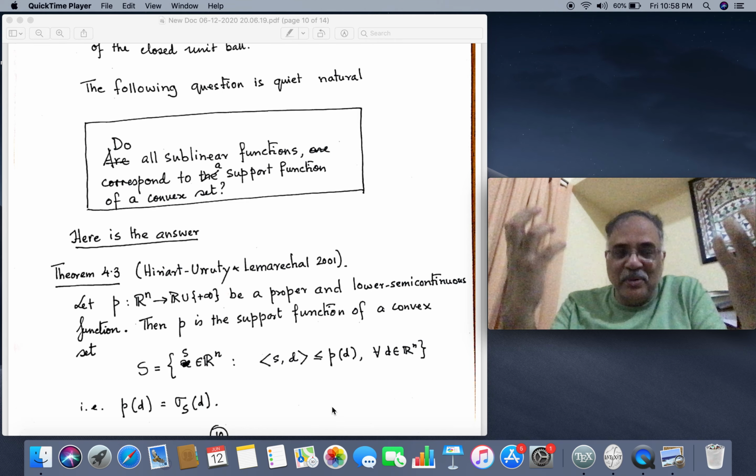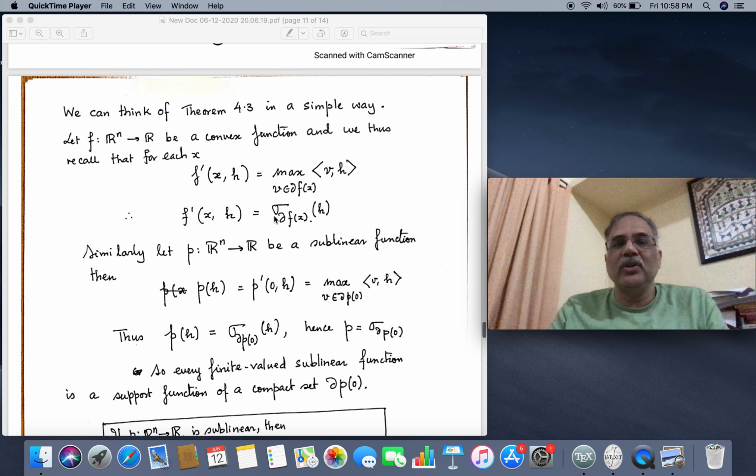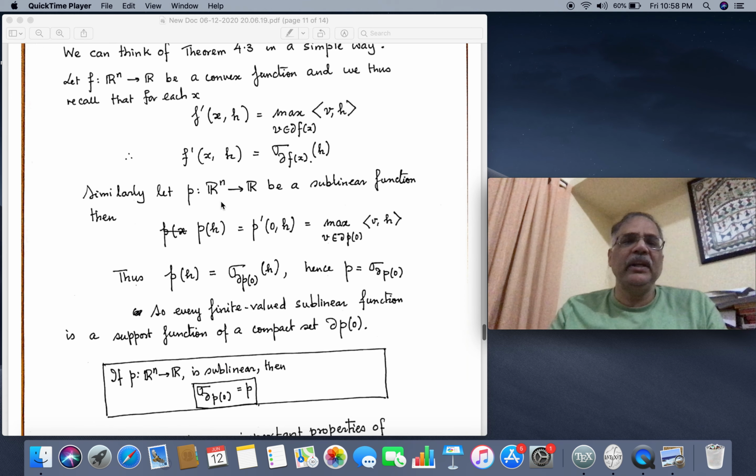We can look at it in a simple way. Let us take a convex function. Then you see this directional derivative is a support function of the subdifferential. Now take any sublinear function, finite valued.